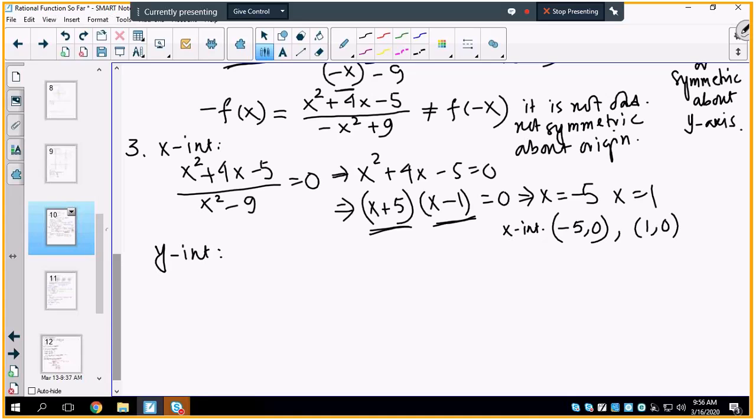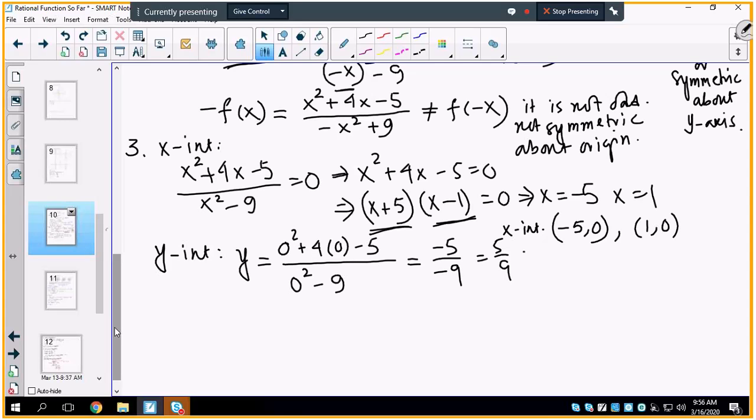The y-intercept is the other way around. You're going to set your x equal to 0. So you will say 0 squared plus 4 times 0 minus 5 all over 0 squared minus 9. And I get negative 5 over negative 9, which is a positive 5 over 9. So the y-intercept is 0 for x, 5 over 9 for y.